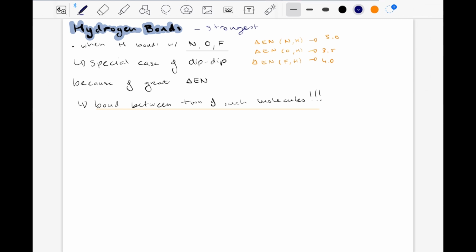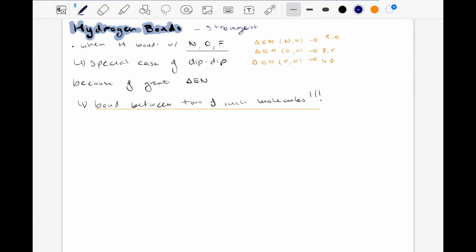And a hydrogen bond is very important. You have to remember this, or at least understand this, because a hydrogen bond is not the fact that there is this great electronegativity difference. A hydrogen bond is the bond between two molecules that have hydrogen bonded to nitrogen, oxygen, or fluorine. So let's see what I mean.